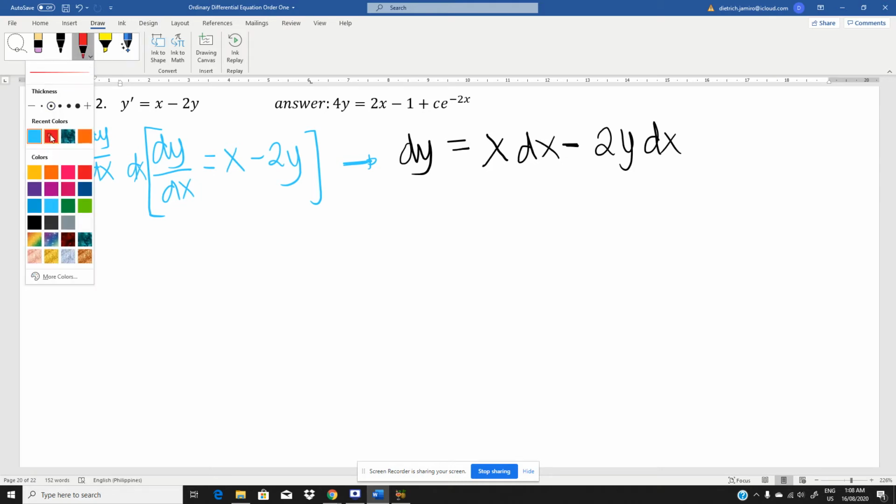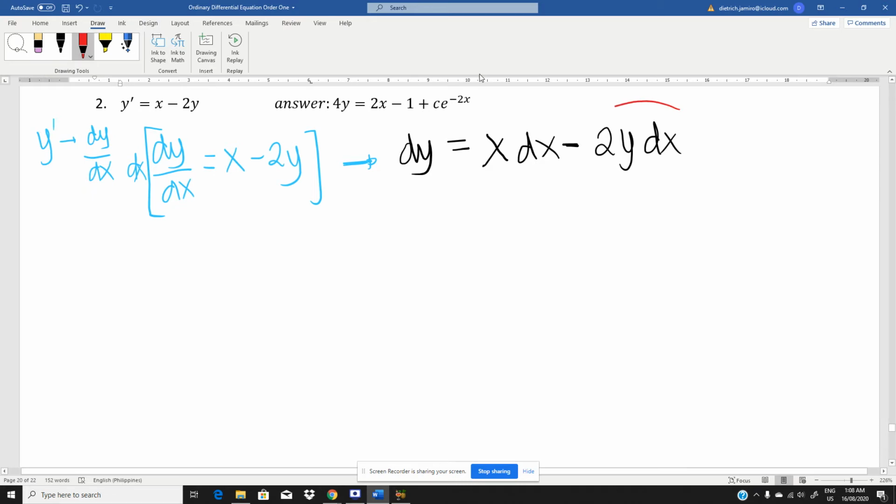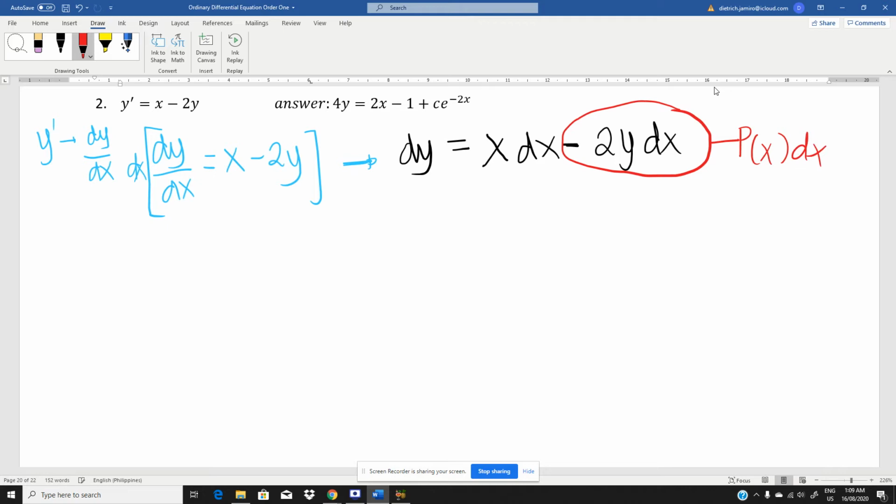As you can see, this one is going to be our p of x, so this will become our p of x dx. And this will become our q of x dx. First, I'll transpose our p of x dx to the left side.